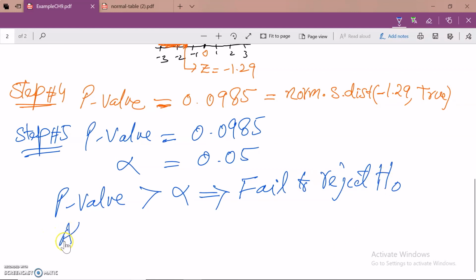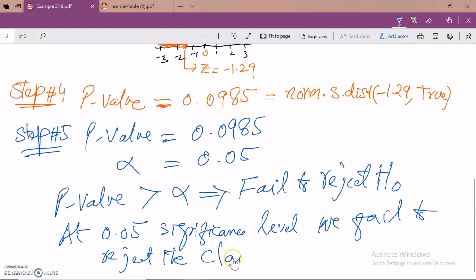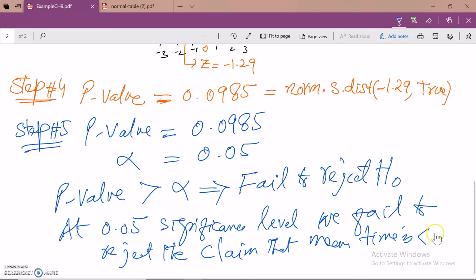We're going to say at the 5% significance level, we fail to reject the claim that mean time is less than 3.8. That's how we're going to interpret the result.